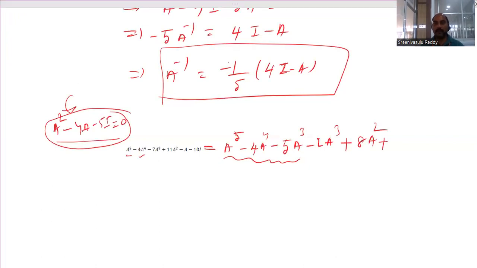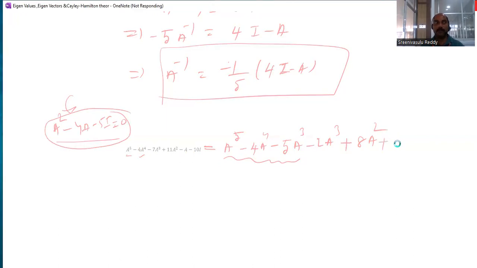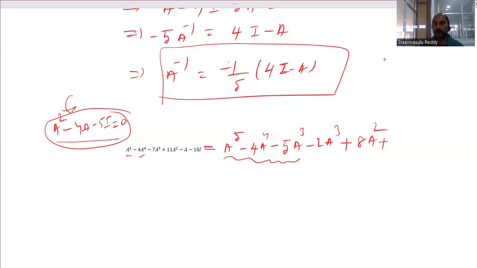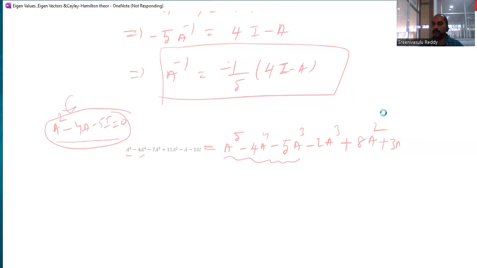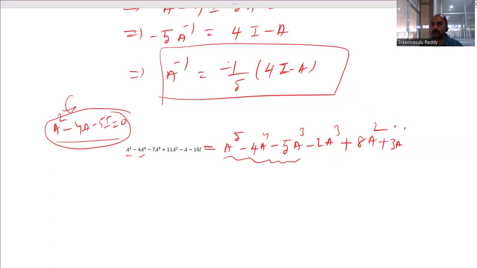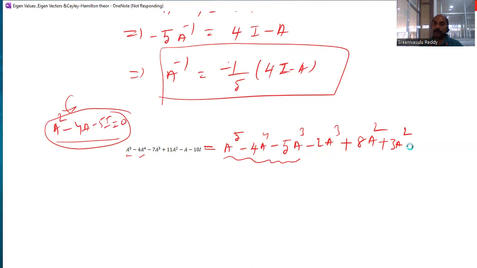Why am I writing the remaining 3A square? 11 I split into 2 parts: 3A square. Here we have minus A, so take minus here, plus.